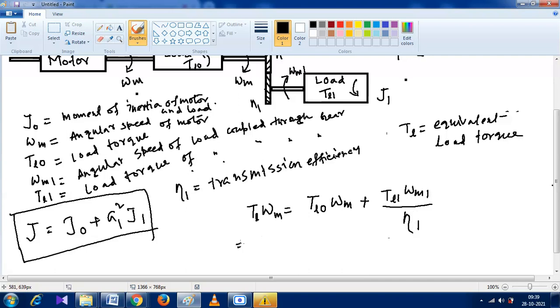So from that equation we can write the equivalent load torque is equal to TL0 plus TL1 by omega m1 by omega m, we can write like that.